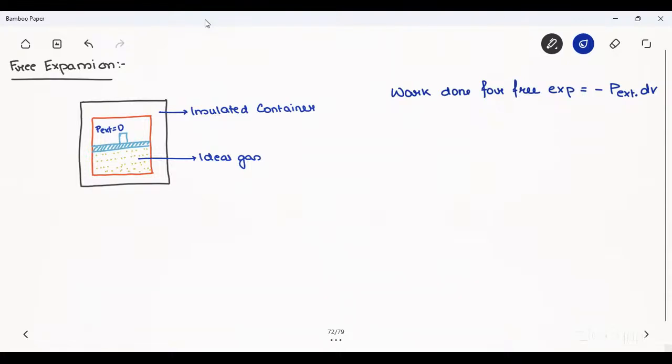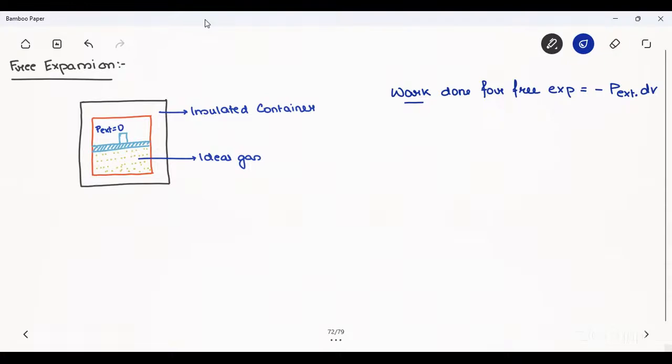But we always calculate the work done for external process. Here you can ask me one more thing: ma'am, during the calculation of work done in reversible process, we calculated with P internal, because P internal is almost equal to P external in those systems.